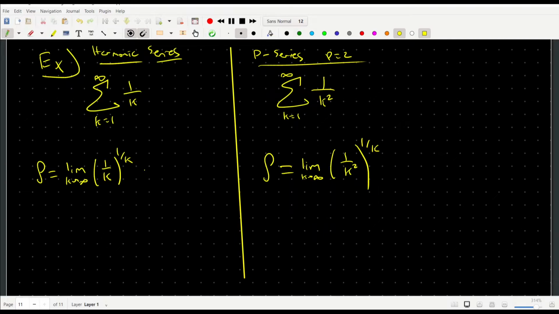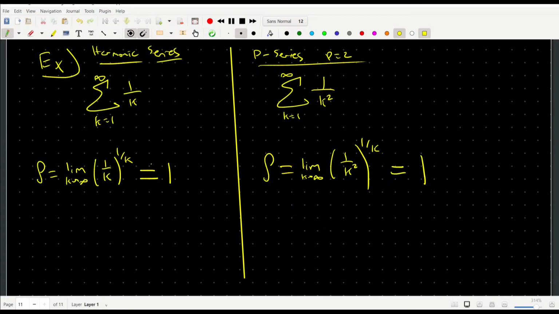When we do that, we get that this is equal to 1, and also that this is equal to 1. This would be good practice for your limits, and I recommend trying to show that. But that means that for both of these examples, the root test is inconclusive. It doesn't tell us anything about the convergence or divergence of these two example series.